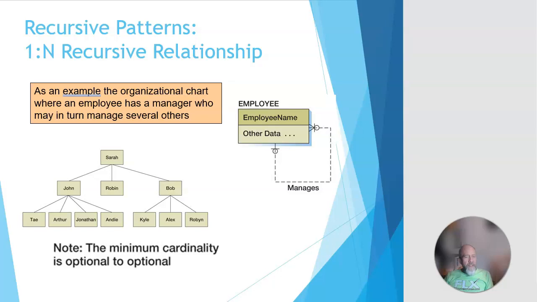In this case, remember that they're optional because you don't have to have that relationship, right? So recursive patterns, yes, they are common. That's not saying, oh, this might happen to you. This will happen to you. If you do any data modeling whatsoever, you will have recursive relationships where you have, in an individual table, a relationship to the table itself.